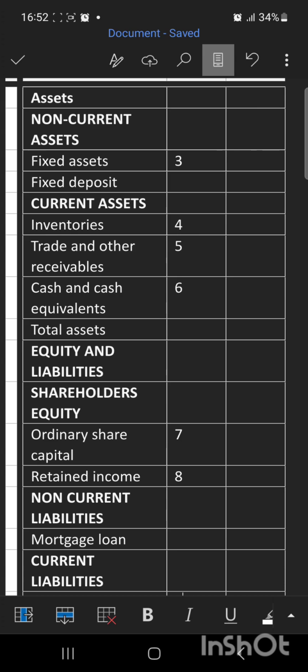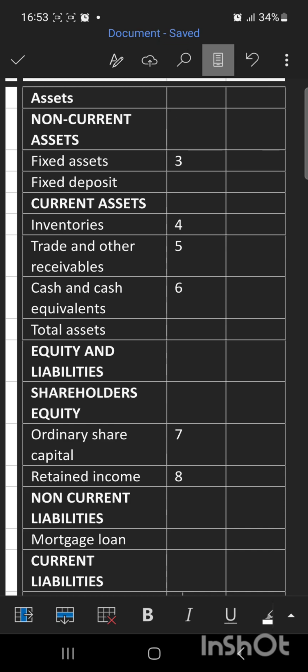So now we come to cash and cash equivalents. Cash and cash equivalents is one of the simplest notes that you can prepare. You are going to take your bank, if it's a debit balance or if it's positive, you add your petty cash, you add your cash float, and you are also going to add that fixed deposit which will mature within 12 months.